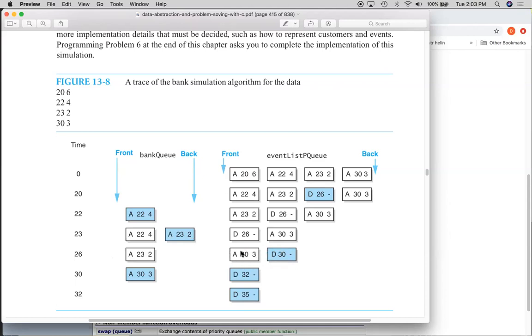At this point, it could be either one, right? And I don't think it matters. We're just going to go ahead and take the arrival event. There's an arrival at time 30. So we take this arrival event and there's no teller available at this point. So we put the event into the bank queue.